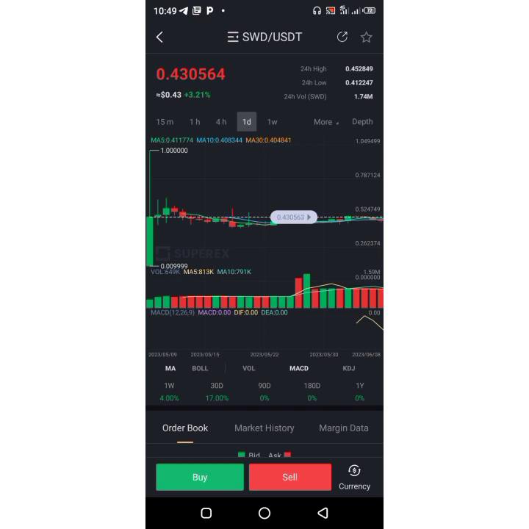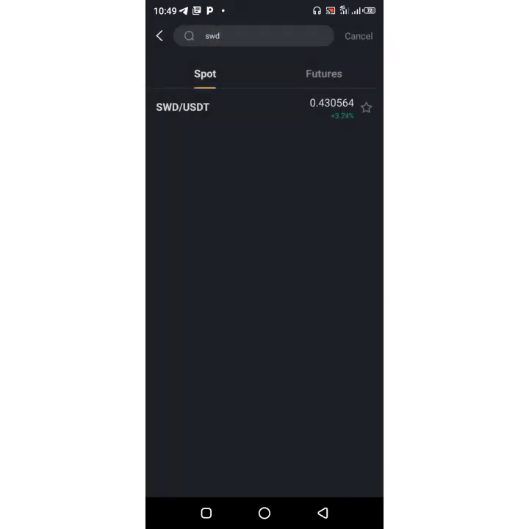You see, when they list it, it was around $1. Remember we bought at 0.01, and it's now increased to $1. You see how profitable that is. In SuperStart, we'll earn a lot of money since we buy at a low price. So let's move on to another feature.